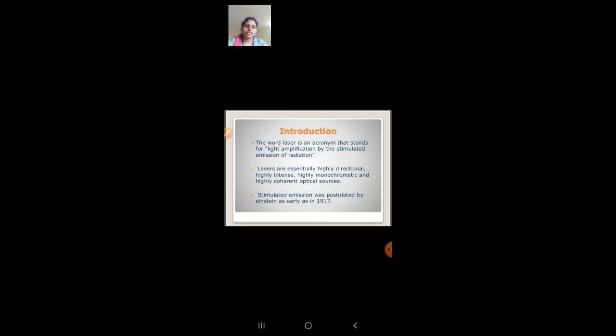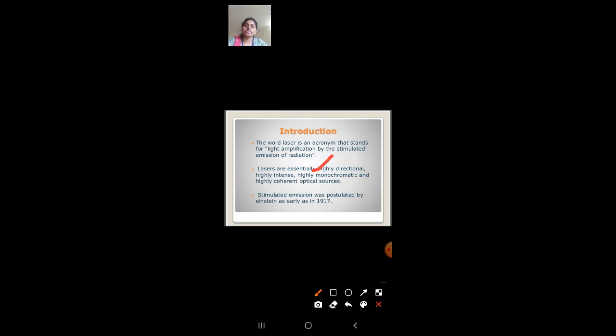Here, highly directional means the divergence is very small. That's why the rays or waves travel a long distance, and that's why a huge number of applications exist. So this is highly directional.